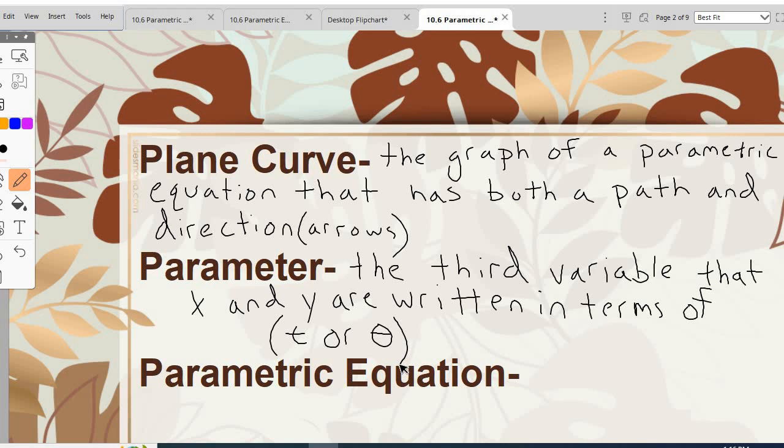Just depends on what type of motion you're looking at. And then your parametric equation is going to be the x and y equation. And so a parametric equation actually has two parts. It has an x part and a y part. So if you're asked for a parametric equation, you actually have to list two equations to make one, because they have to have a horizontal part and a vertical.